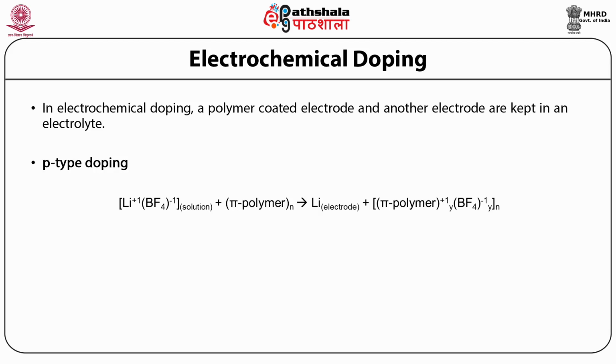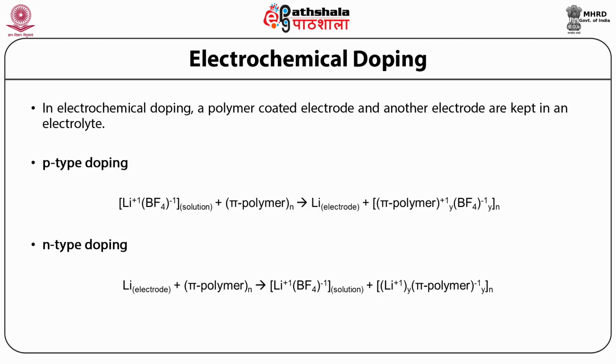And in the case of N-type doping, the lithium electrode is added to the pi polymer n, which gives us Li+ BF4- in the solution plus (Li+)y (pi polymer)-y n.